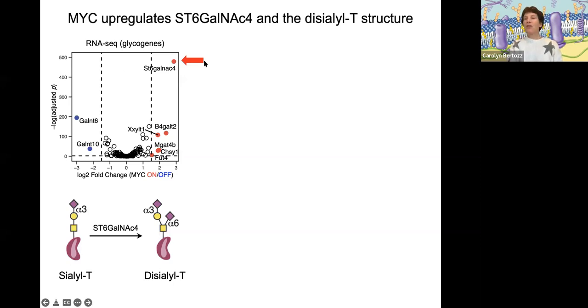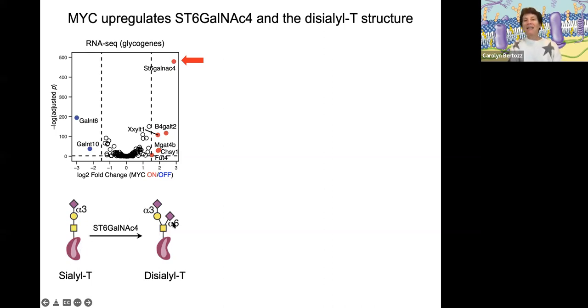And we were really intrigued by that observation because that's a sialyltransferase that makes the disialyl T structure, starting from the precursor trisaccharide called sialyl T. So this structure, where there's a sialic acid, we denote that with this pink diamond, in an alpha-2,3 linkage to galactose linked to N-acetyl-galactosamine, that's a quite common structure found on healthy cells as well.